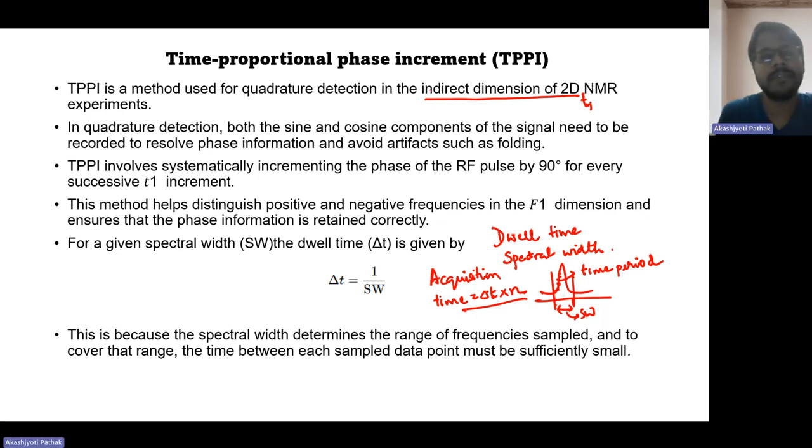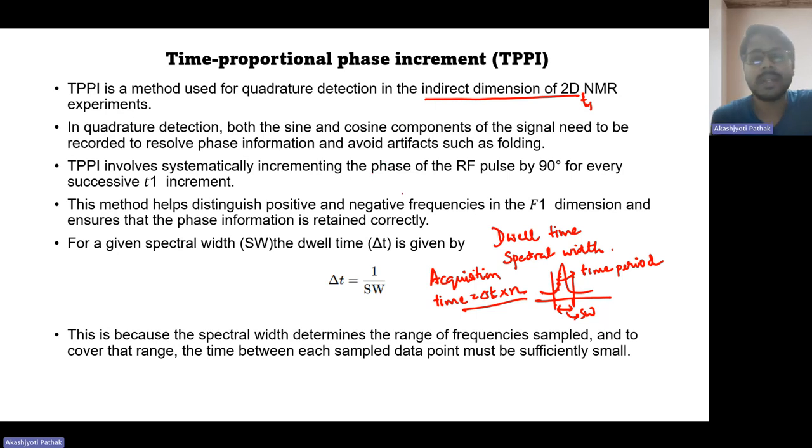So, time proportional phase increment. As the name suggests, with each T1 increment you are also increasing the phase by 90 degrees. You are incrementing the phase of the RF pulse by 90 degrees, right? What does this signify, or how is this helping?